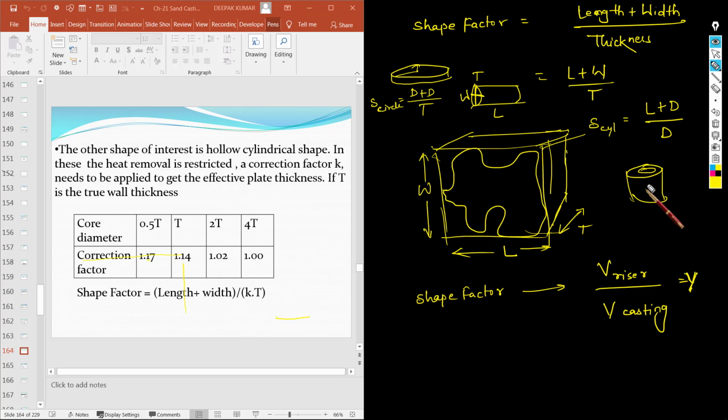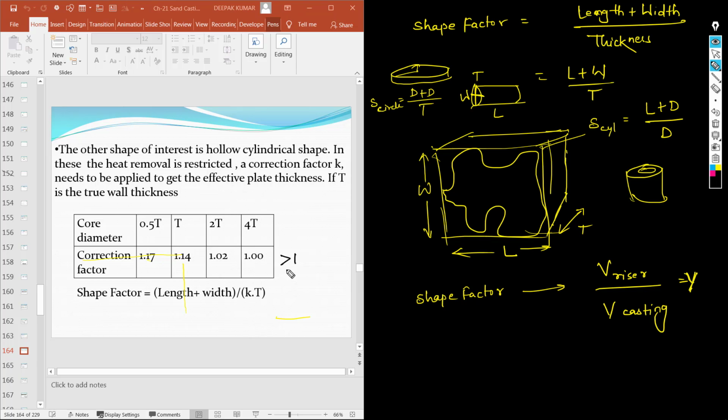So the thickness will be multiplied with a certain value, and all the values are greater than 1. This K value will always be greater than 1 in these cases. We need not remember all these things, rather they will be provided, so nothing to worry about.